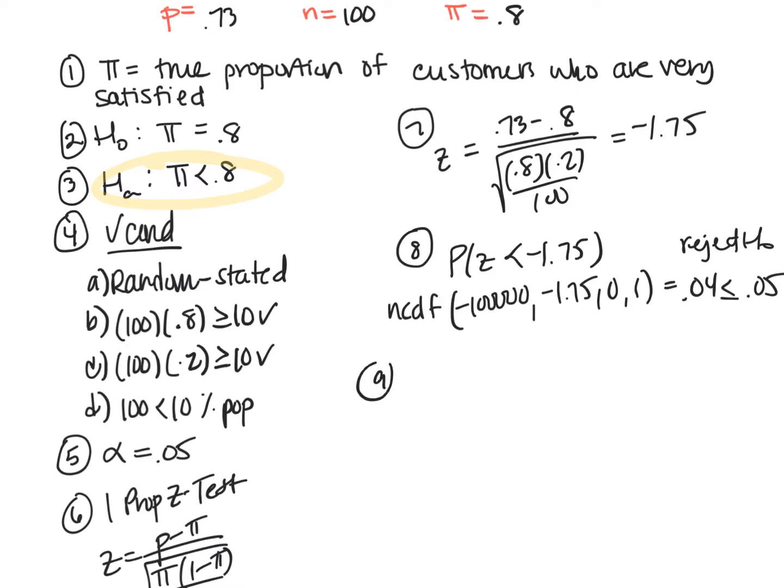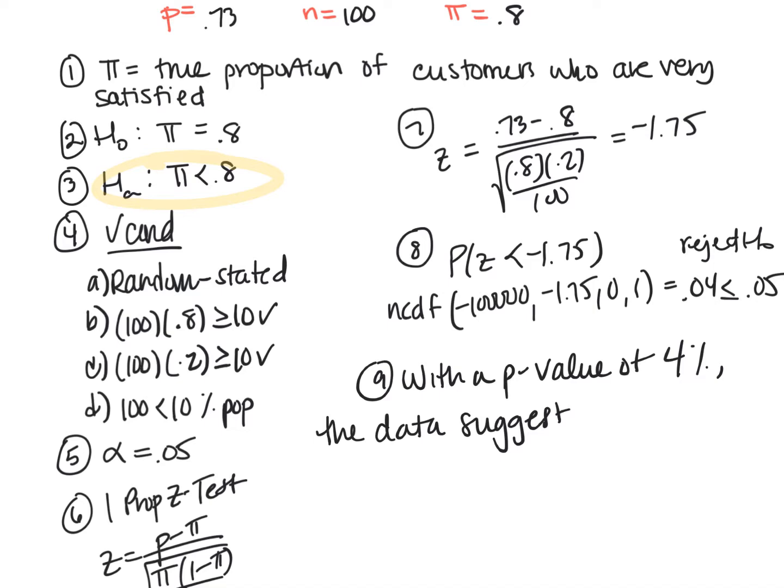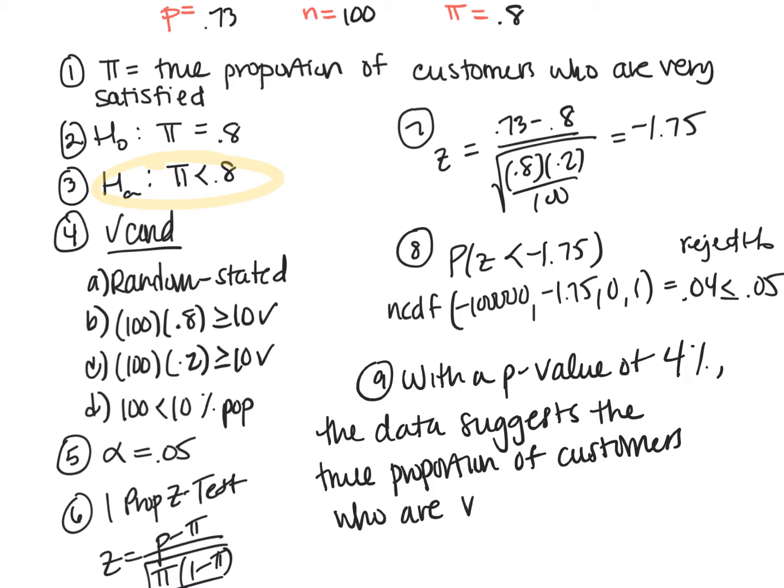So in step 9, with a p-value of 4%, the data suggests the true proportion of customers who are very satisfied is between, no, sorry, not between.